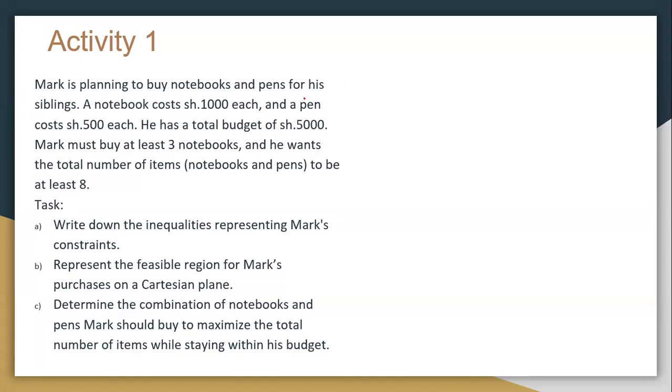Yes, last time we said that, I always advise that when we are dealing with this, the first thing they have mentioned can be your X. Now, when you look here, they first mentioned the notebook and then they mentioned a pen. So now I'm going to come here and use words.